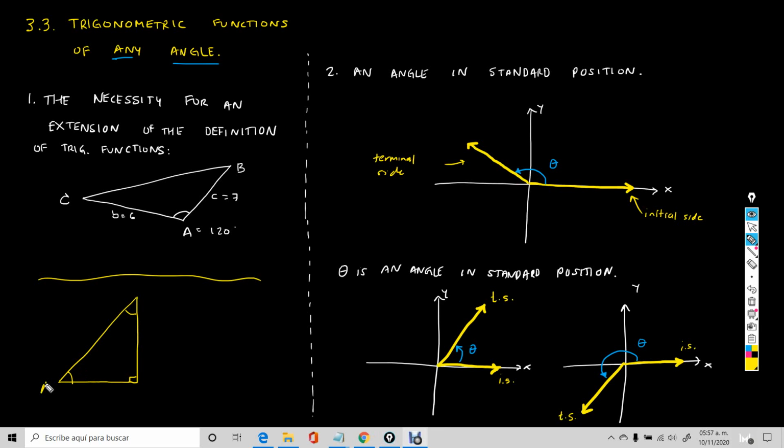This one, which I may call angle A, and angle B. Angle C is a right angle. We have only defined the trigonometric functions for angle A and angle B, if you remember. I never defined what, for example, this could mean, the sine of angle C, which is the sine of 90. We don't know what that means yet.